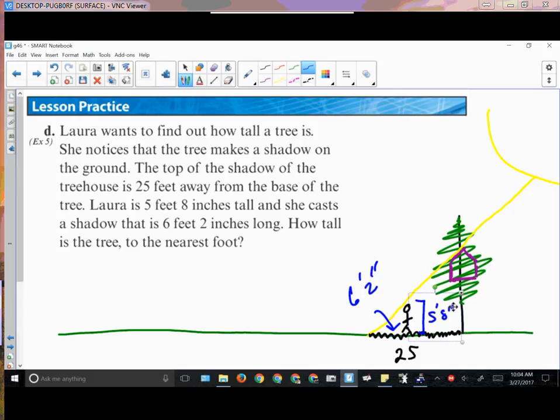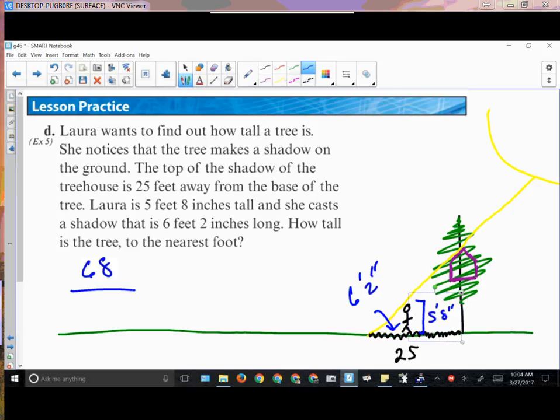So let's see. If I said that Laura is 68 inches tall, right? And she had a shadow that is how many inches? 72? Oh, that's 74. Right?